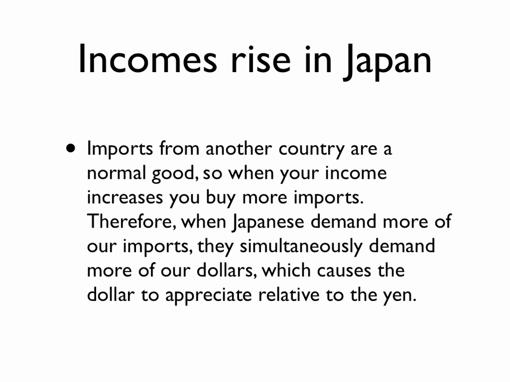But that simultaneously means the supply of yen increases in the yen market. If the demand for dollars increases in the dollar market, the dollar appreciates relative to the yen. If the supply of yen increases in the yen market, again, the dollar appreciates relative to the yen.